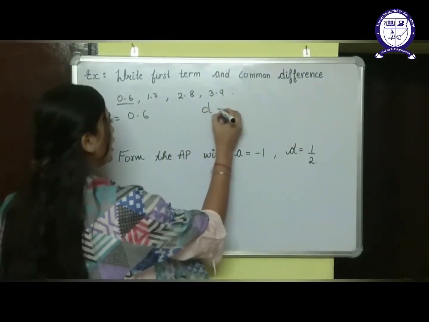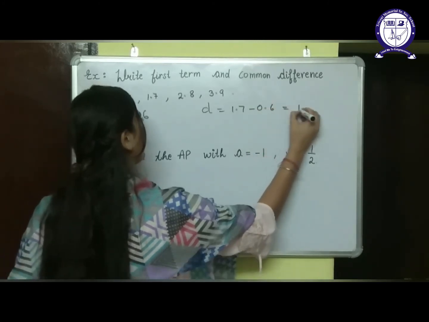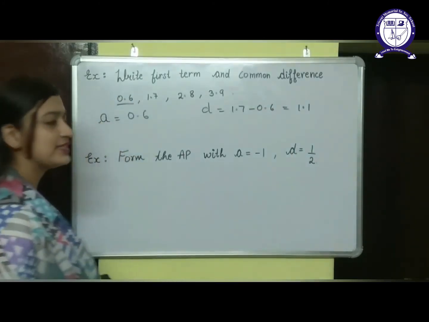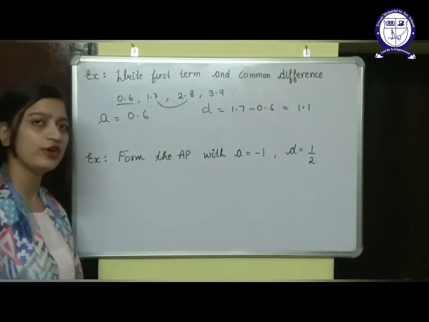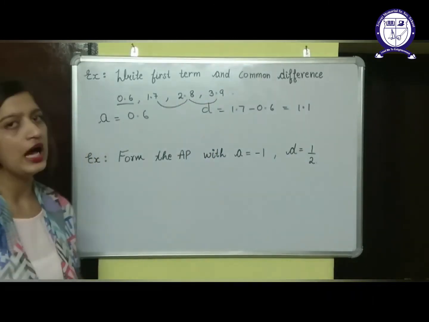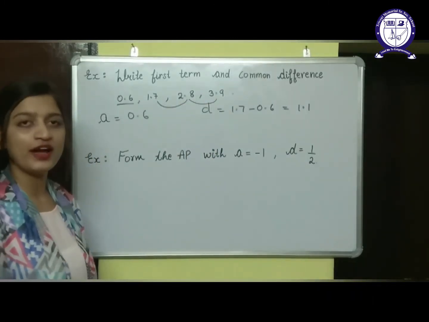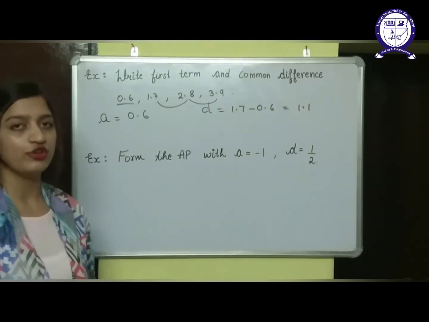So D will be 1.7 minus 0.6. It will be 1.1. And if I even subtract these two terms, my answer will be 1.1. And for these two terms, it will be 1.1 again. So you don't need to find it for all the numbers. You just find it for the first one.